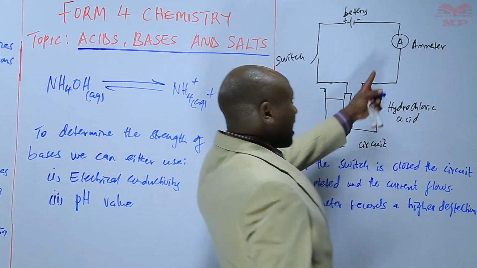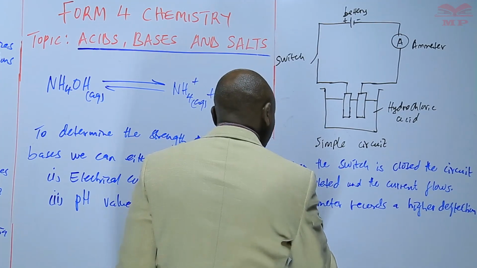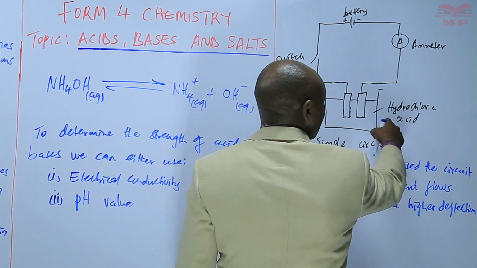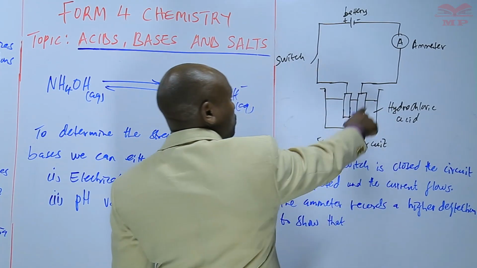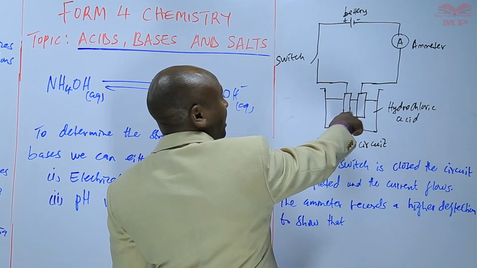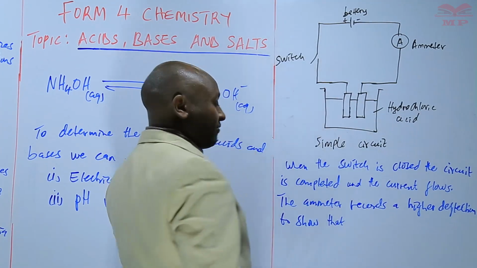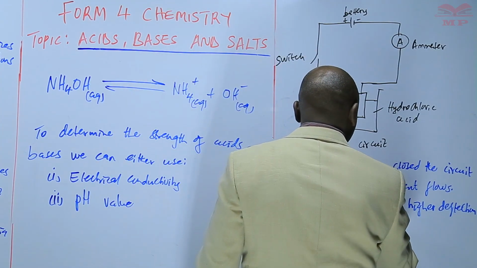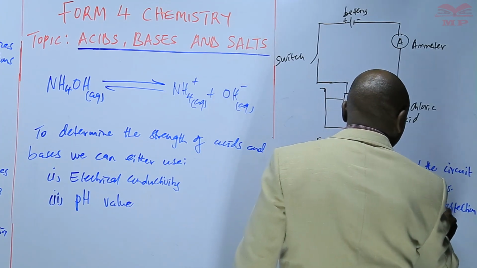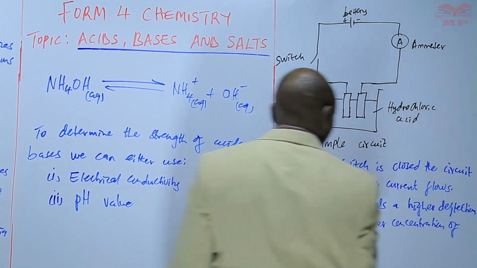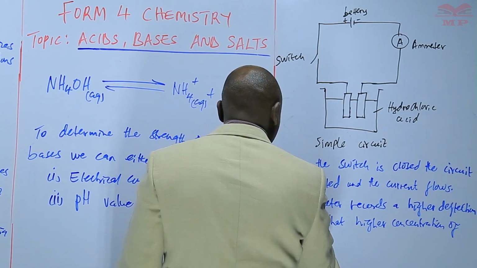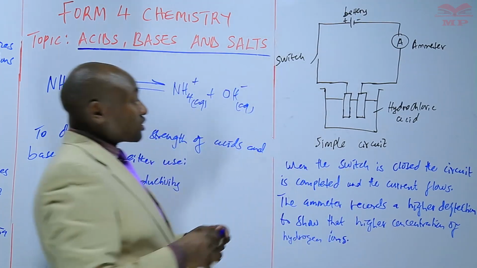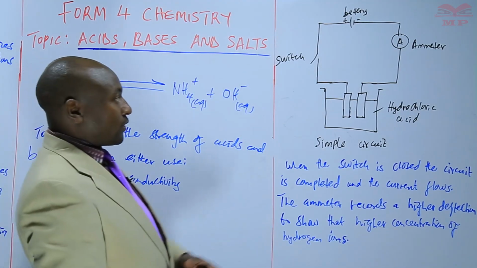The ammeter records a higher deflection to show that hydrochloric acid releases more ions. So the more ions are able to carry the electric current, hence a higher deflection, to show that there is a higher concentration of hydrogen ions. So the higher the concentration of the ions, the higher the deflection on the ammeter.